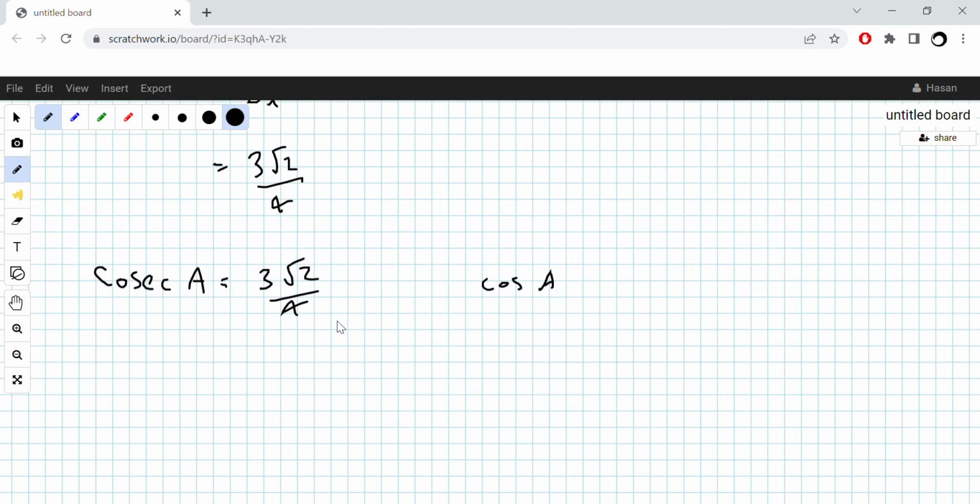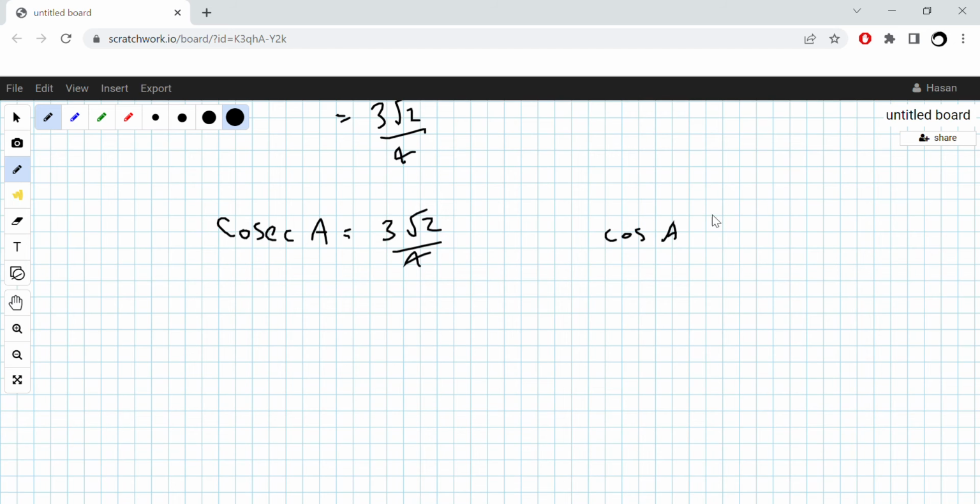Moving back to our second method, from question 1a, we figured out that cos A was minus 1 over 3 and tan A was minus 2 root 2. And what we can now do is use our knowledge of identities.